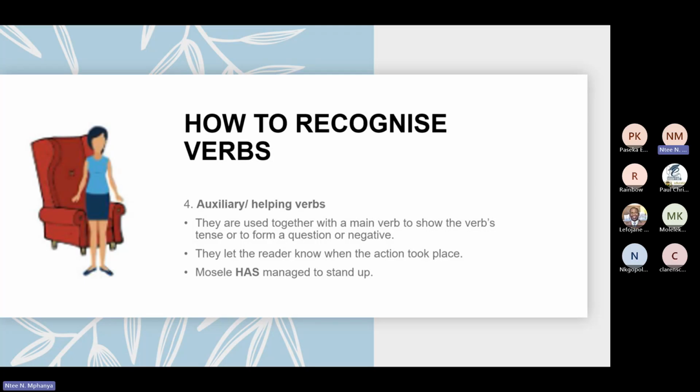We can use them as questions. Has Musele managed to stand up? Or in negative form, Musele has not managed to stand up. Or has Musele not managed to stand up? If it's a question in negative, then Musele has managed to stand up if it's a statement.